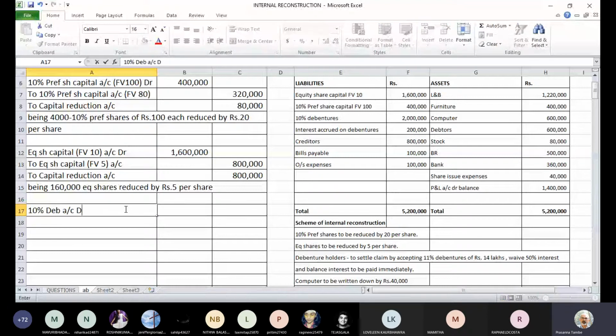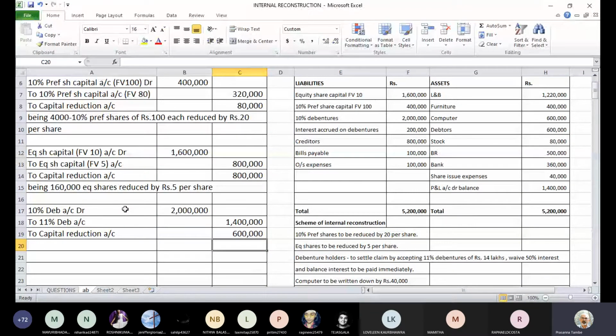10% debenture account debit, to 11% debenture account 14 lakhs. Balance 6 lakhs is a benefit for the company.